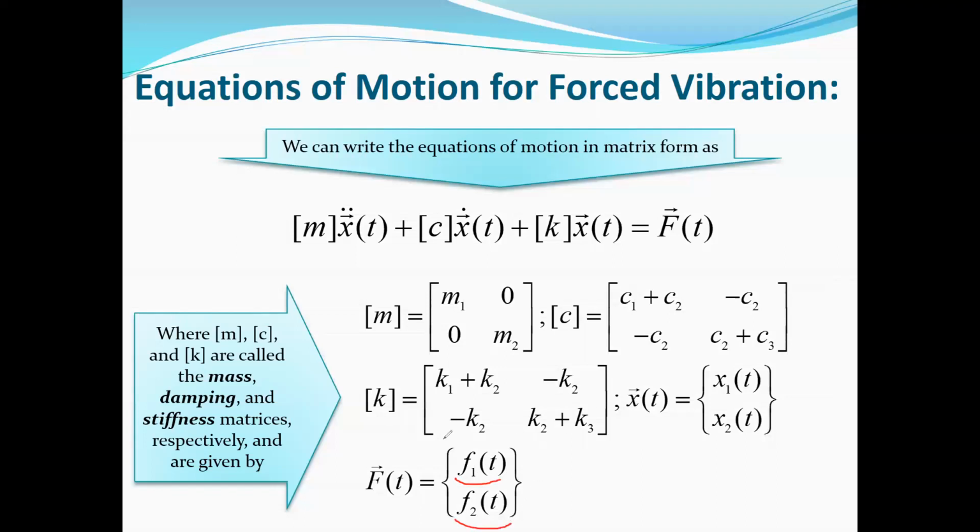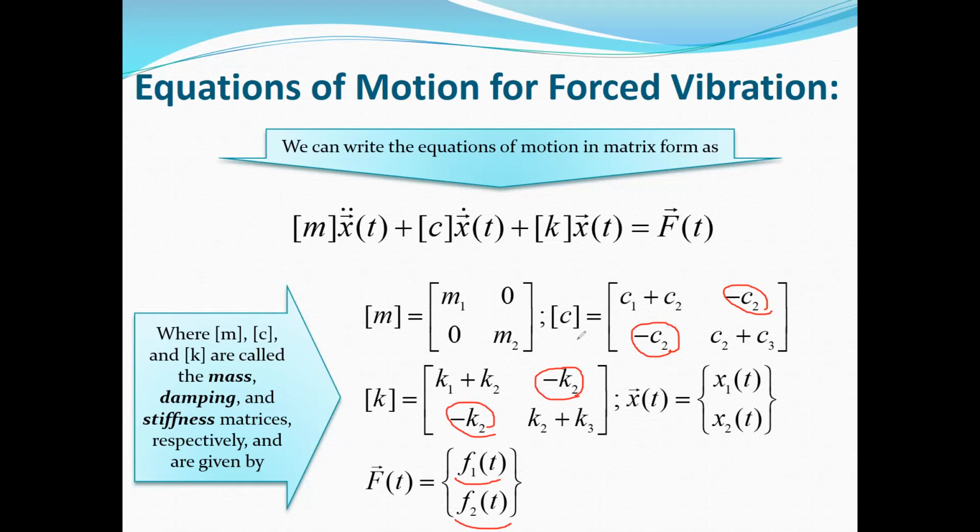As I told you, this is a system of two coupled ordinary differential equations. The coupling is due to these components, as you can see, these two components and these two components. If these components were zero, then the equations of motion would be uncoupled, and we could independently solve each equation.